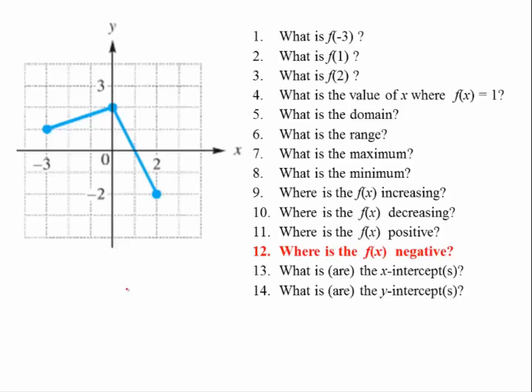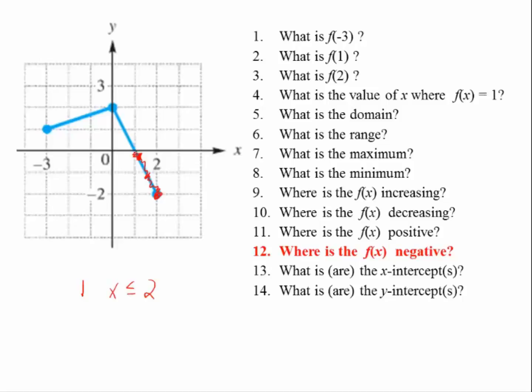Where is f of x negative? That's in quadrants 3 and 4. Anything below the x-axis will be negative. So that's from here to here. We say from 1 to positive 2. In this case, when x is a positive 2, y is negative 2, which is negative, so it equals.